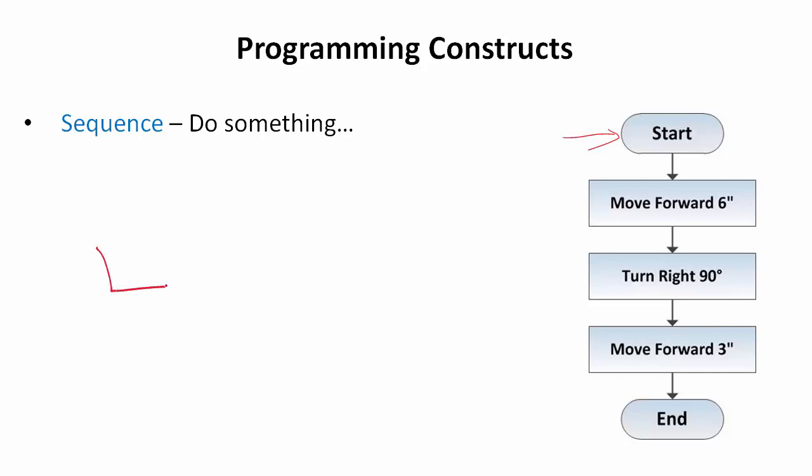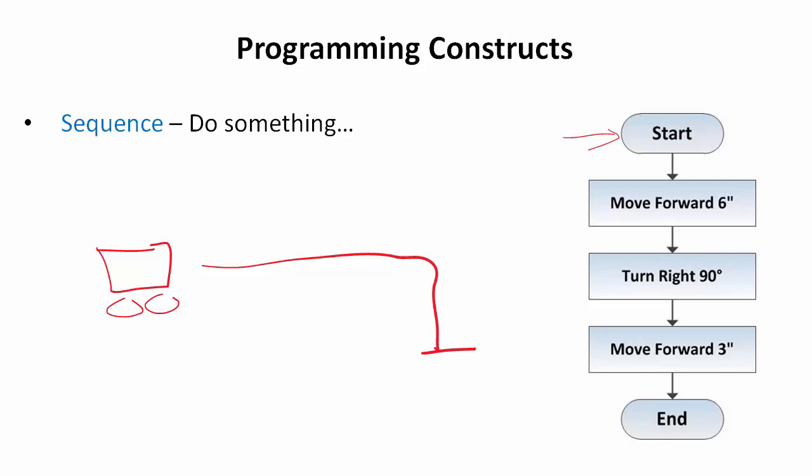If I had a robot right here and I wrote and executed this program, I would say, okay, start. It would go forward 6 inches, then turn right 90 degrees, and then move forward 3 inches. That's what the robot would do. This is a very simple program, but you can actually make the robot do something.